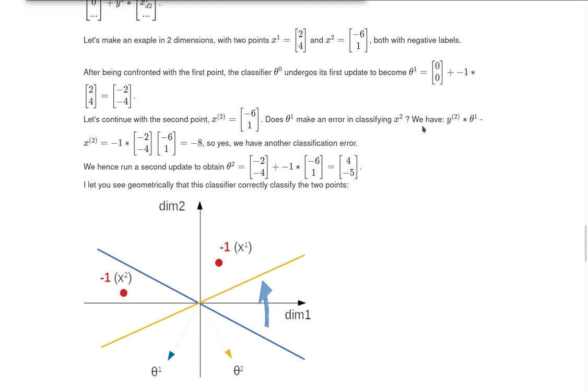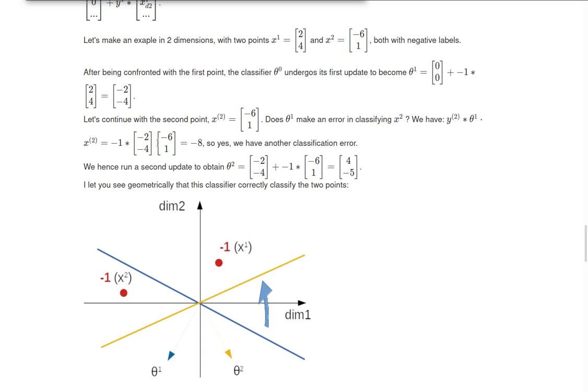So we have the label of x2 multiplied by the dot product of the current parameters of the classifier with the second point. We have -1 multiplied by the dot product of -2, -4, which is theta, and -6, 1, the coordinates of the second point.